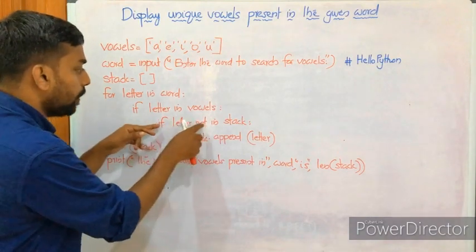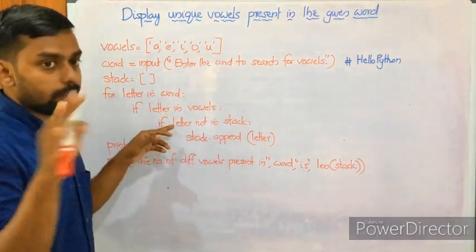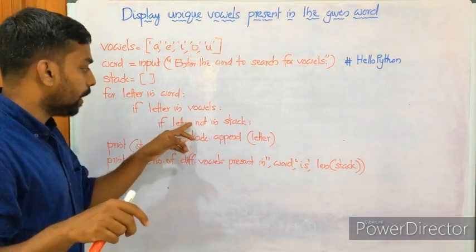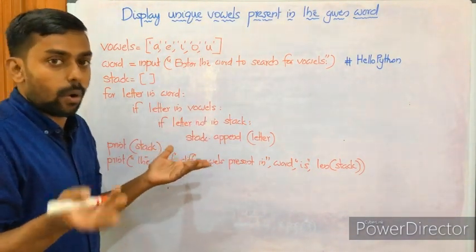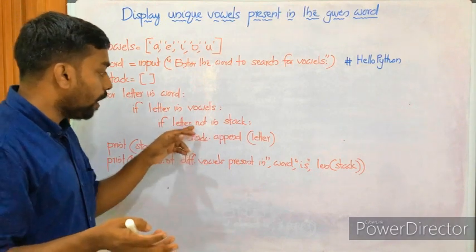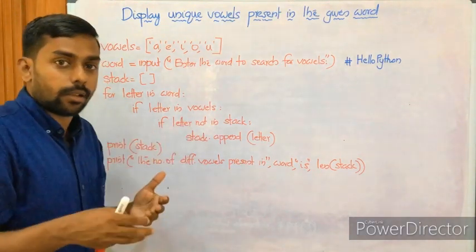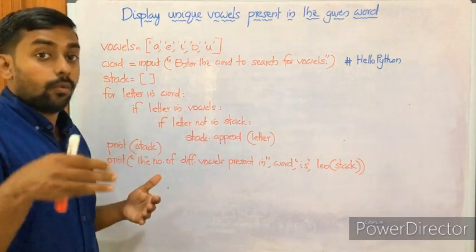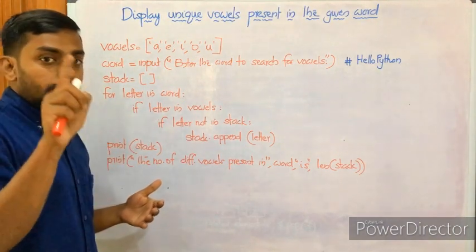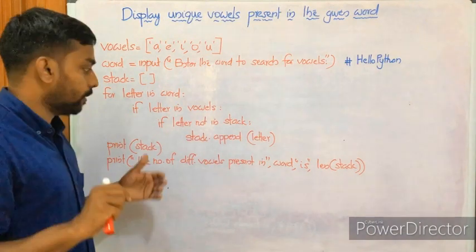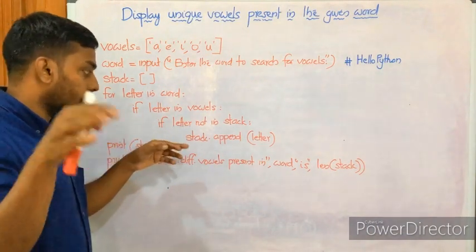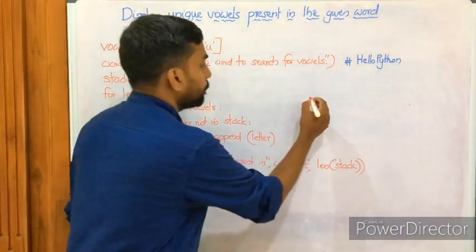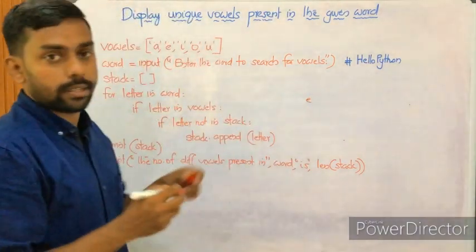If letter not in stack, E is not in stack. Why letter not in stack? Because it won't store repeated vowels. Vowels will be unique, stored only once. Then stack.append(letter), so E will be stored in the stack.